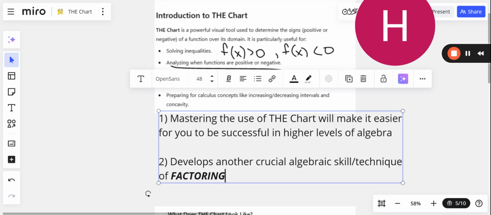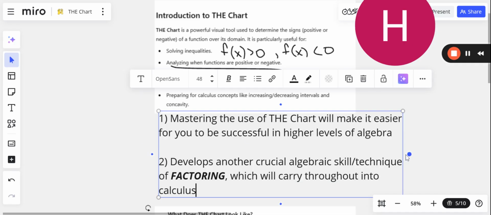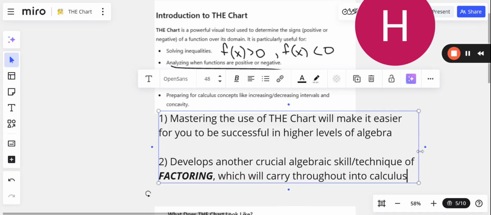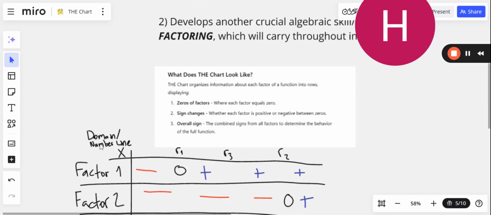Factoring is going to become very important in mathematics, regardless of whether or not you learn this chart. So acquiring this skill almost costs you nothing extra in a sense. You're going to want to be good at factoring anyway. And this will carry throughout into calculus for sure. Okay, so that's what I wanted to say.